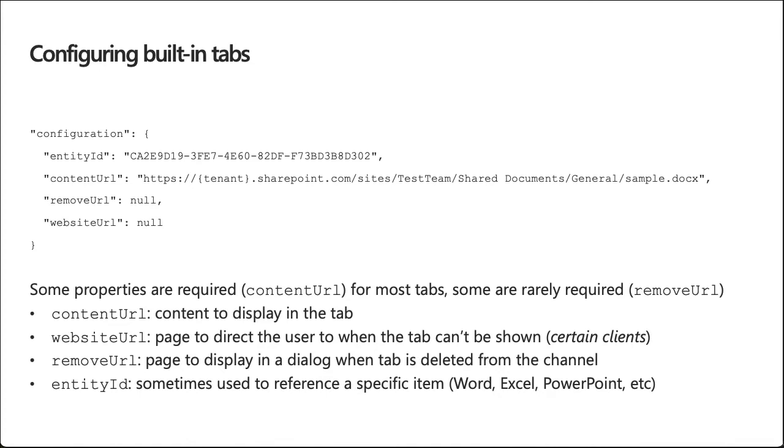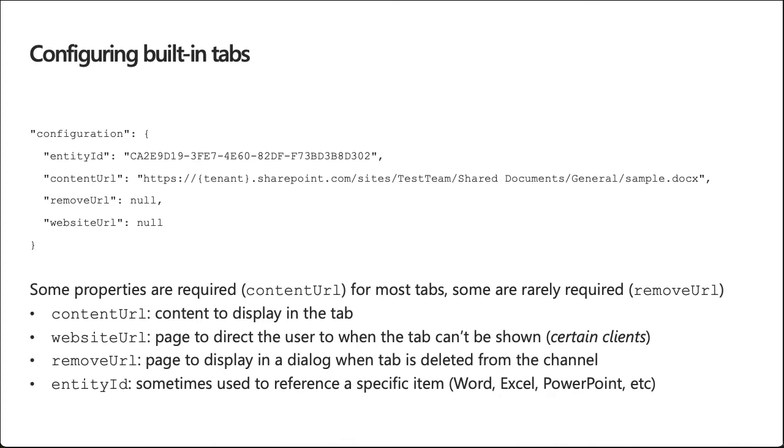When you remove the tab from the channel, the remove URL is the URL that's going to pop up a dialog to show the page the user should be shown once they remove the tab. And the entity ID, that really depends, right? Sometimes it's used to reference a specific item, which is usually going to be a GUID. And the content URL, again, that's the content that should be displayed in the tab.